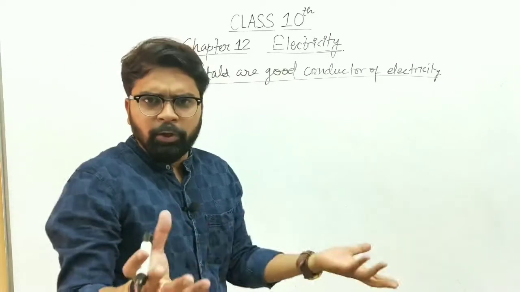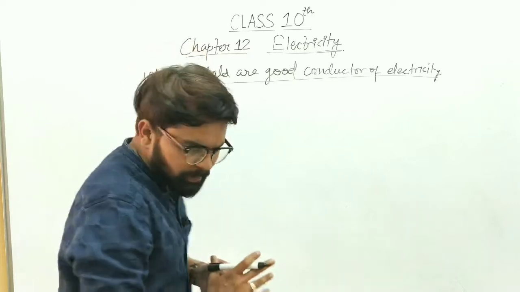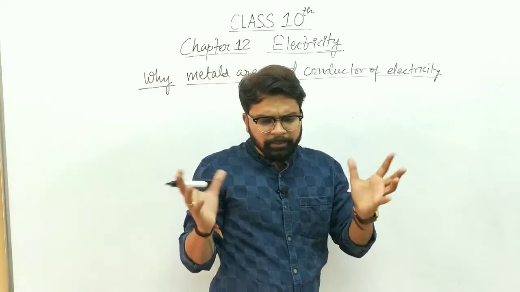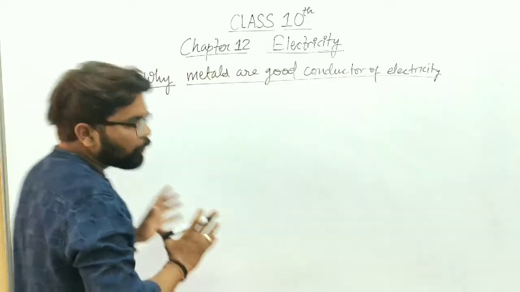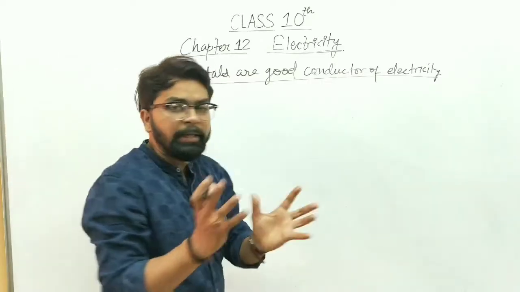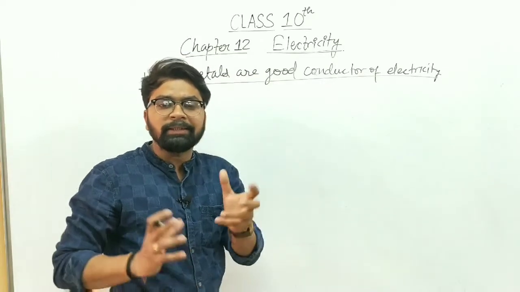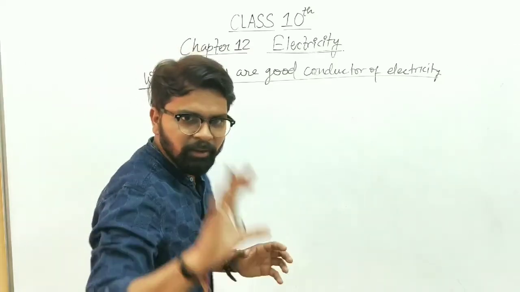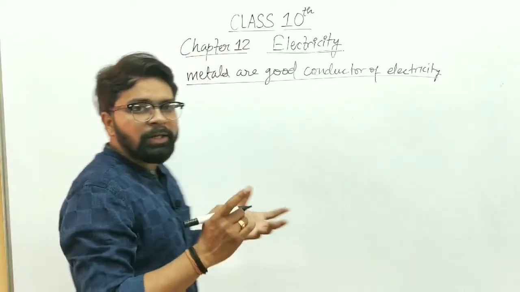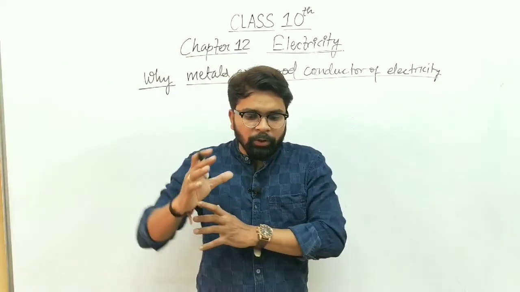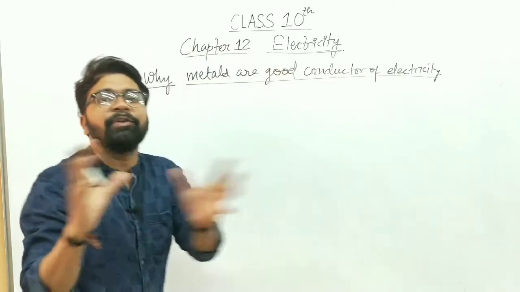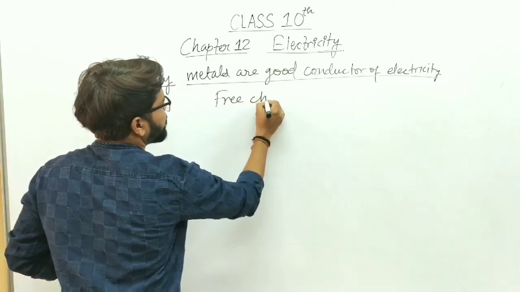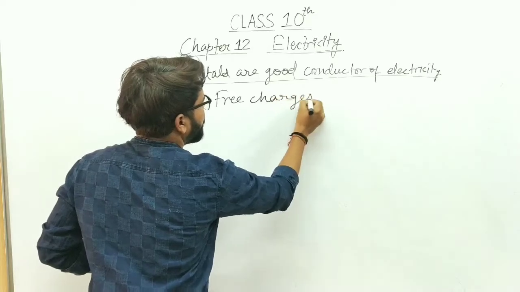We can use non-metals also, so what is the basic difference? For any material to be a good conductor, it has to allow the flow of free charges. What is a good conductor? It allows the movement of free charges. So what are free charges?